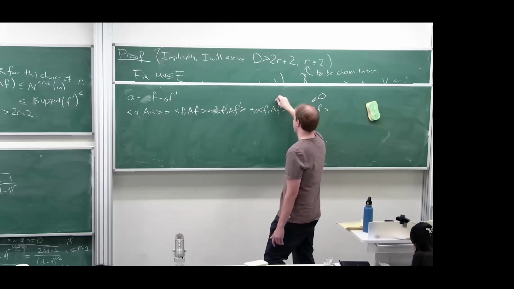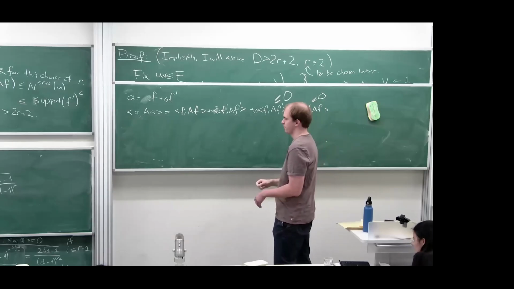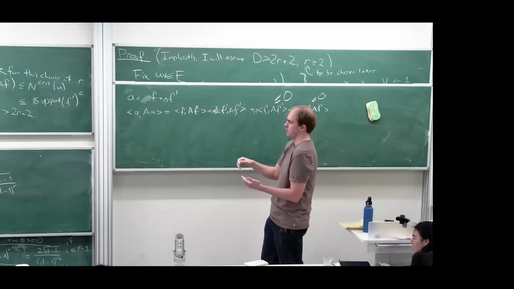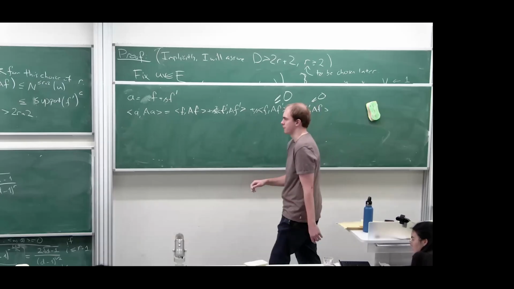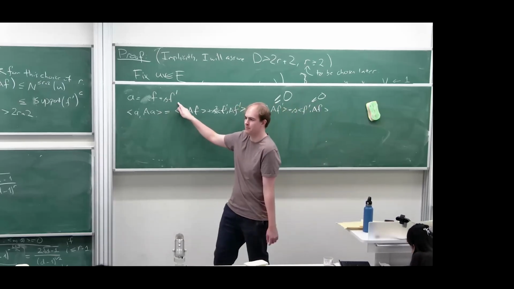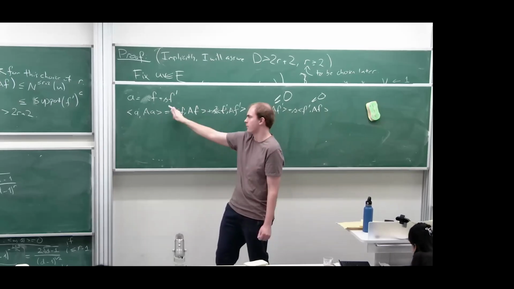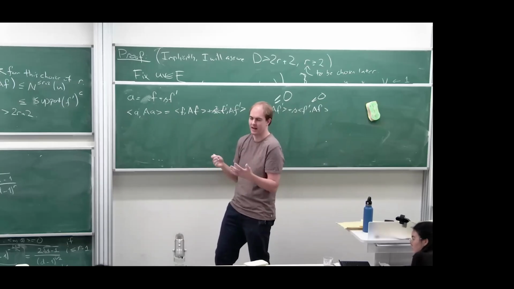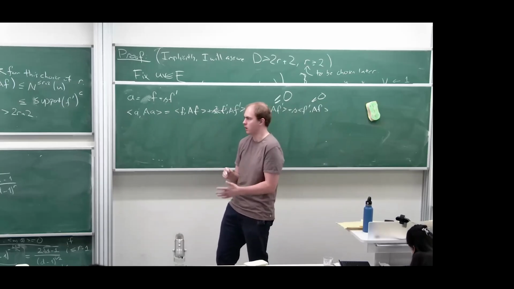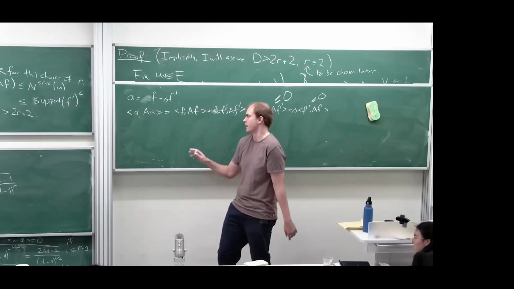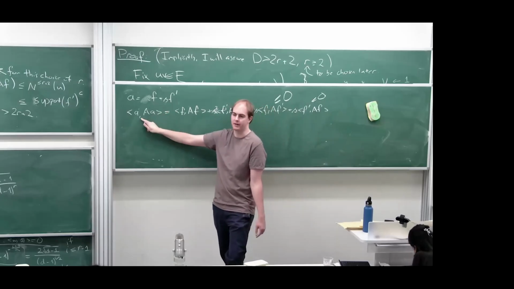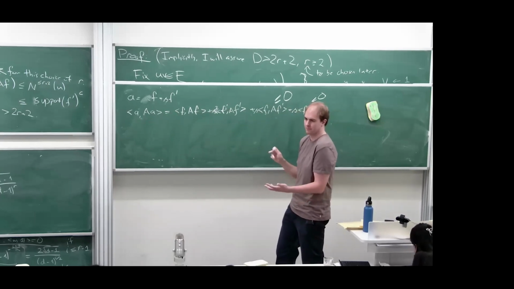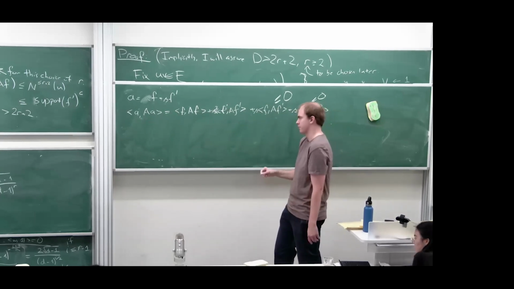But by our previous observation, these terms are 0. That's crucial because both f and f prime have only positive entries. So we really want this beta to be negative so that we have any hope for a to be orthogonal to the Alon vector. What's really going to drag this down are these cross terms. But because they are supported by different sets, they are 0, so they don't hurt us.